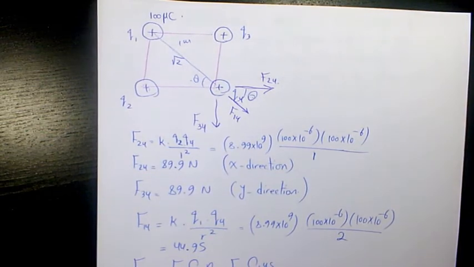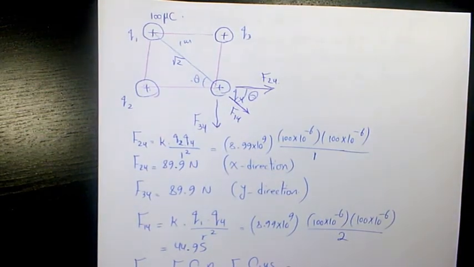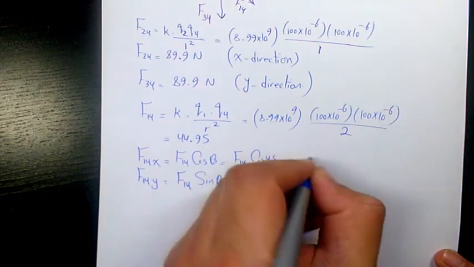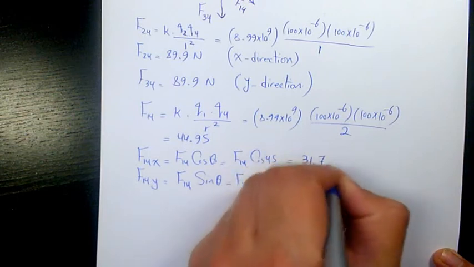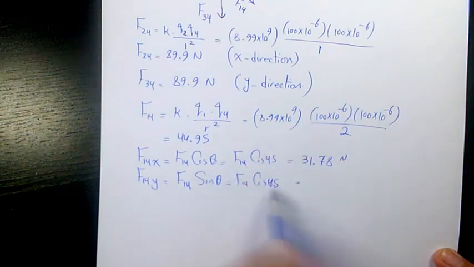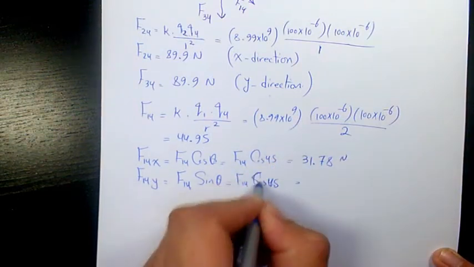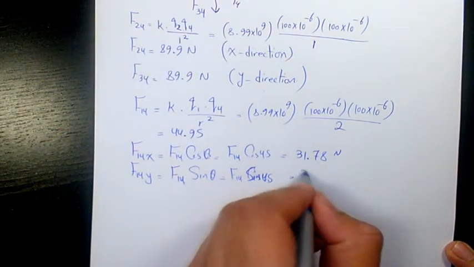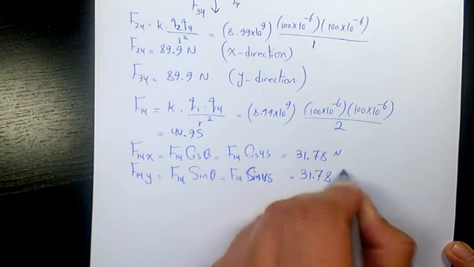So we have F14 cosine 45. We already found the F14 magnitude, so it's going to be 44.95 times cosine 45, which is 31.78 Newton. Sine 45 and cosine 45 are exactly the same, so that's going to be the same number.